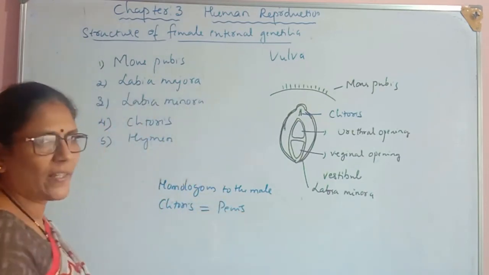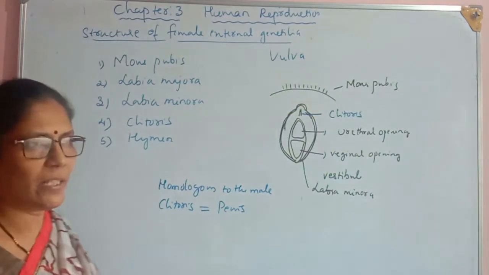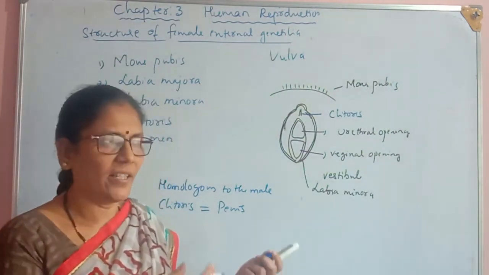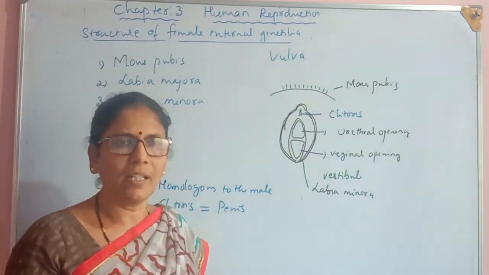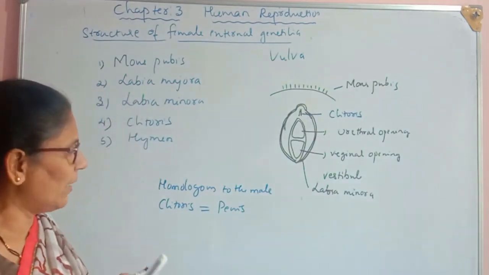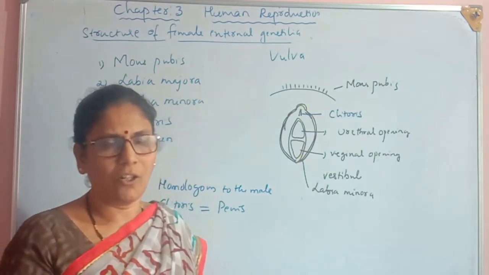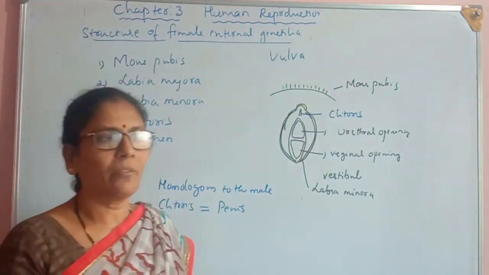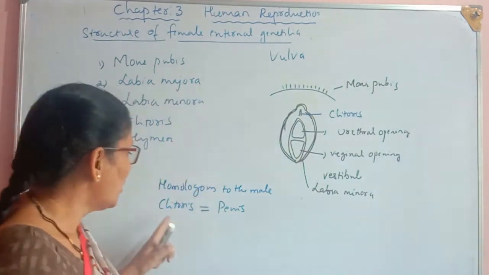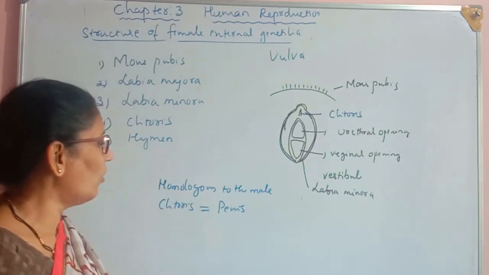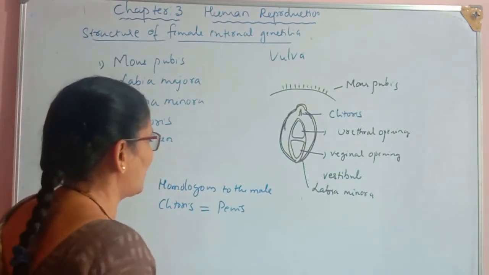These are the homologous organs. We will study homologous and analogous organs in the evolution topic, but here I will mention only the definition: they have the same anatomical structure or origin but perform different functions. So the clitoris and penis are homologous organs.